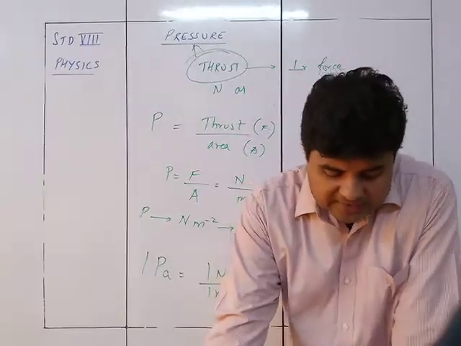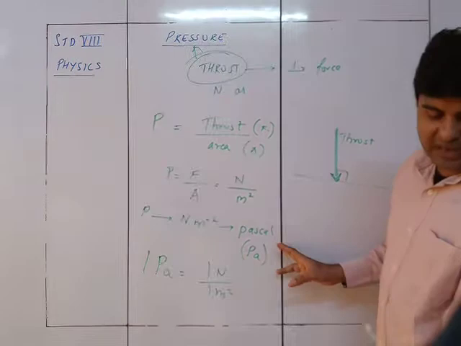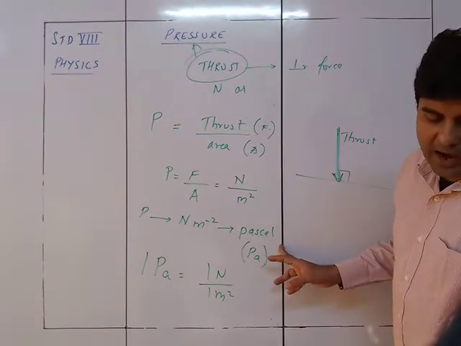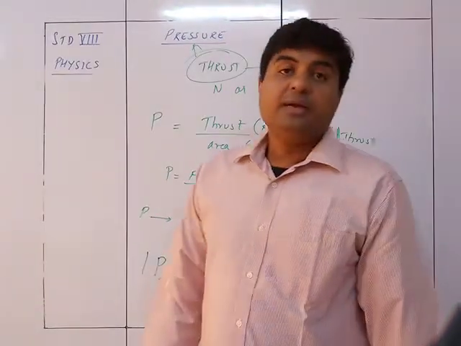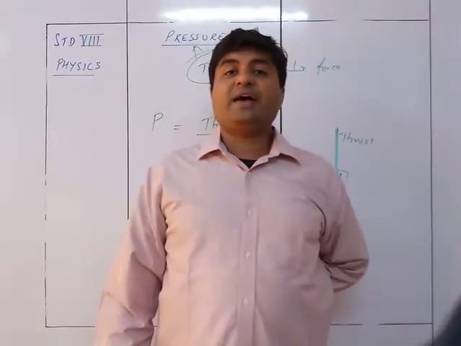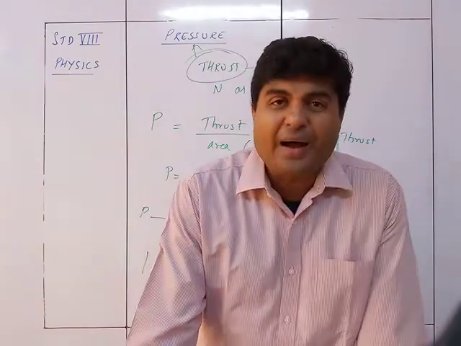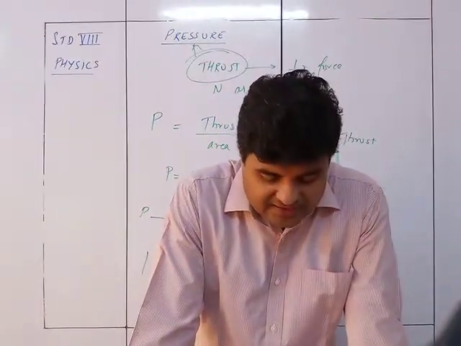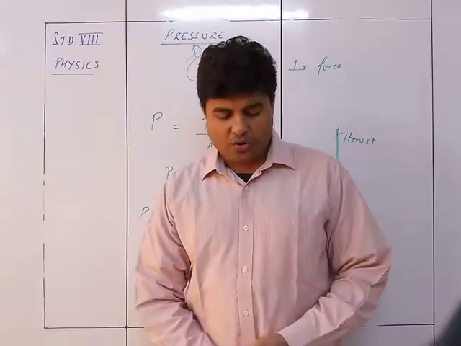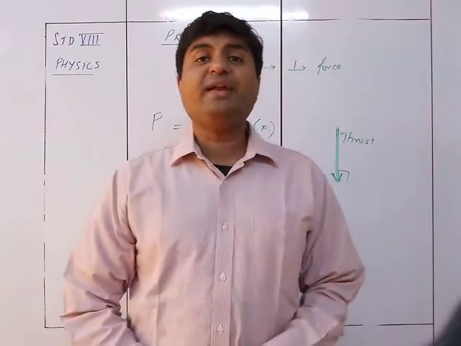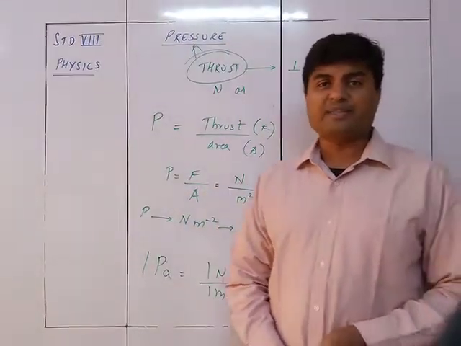The unit is also called Pascal, abbreviation symbol Pa, capital P, small a, after the name of scientist Blaise Pascal. Got it? So that was the SI unit of pressure, that is Pascal. 1 Pascal is the pressure exerted by a thrust of 1 Newton on a surface area of 1 meter square. So this gives you the definition of 1 Pascal. What is 1 Pascal?